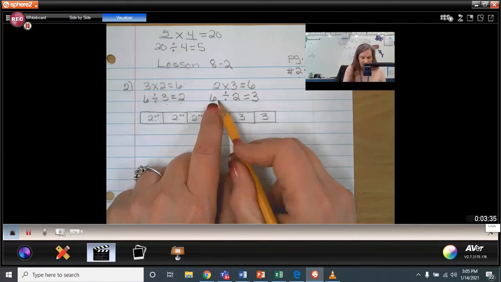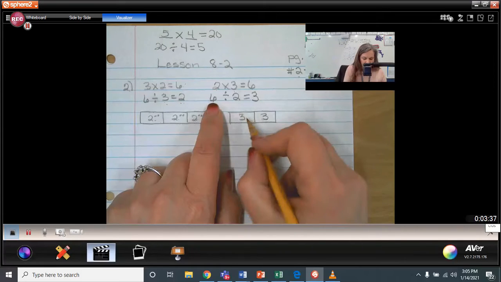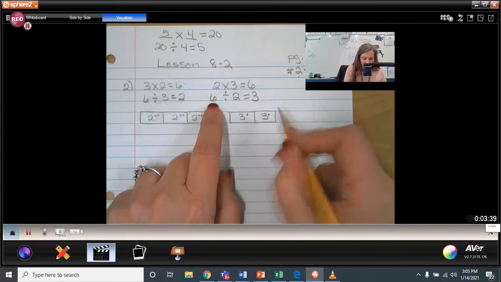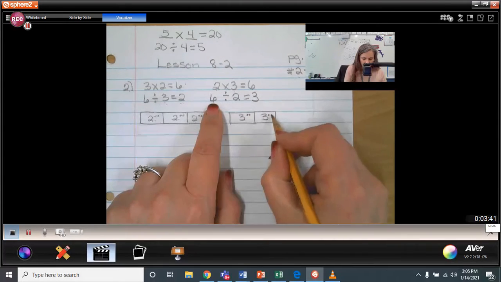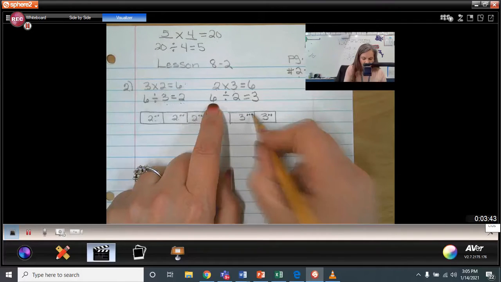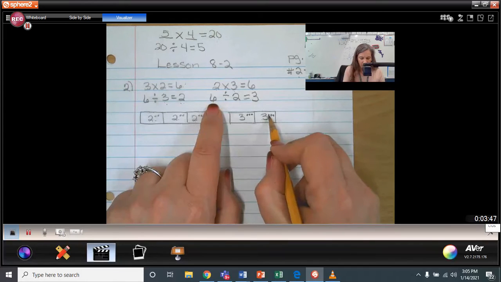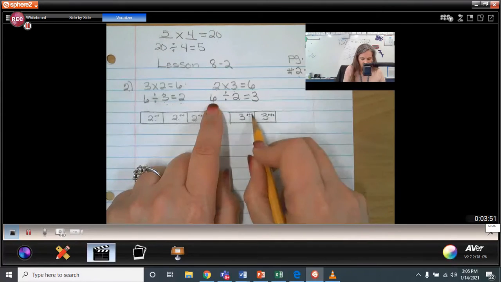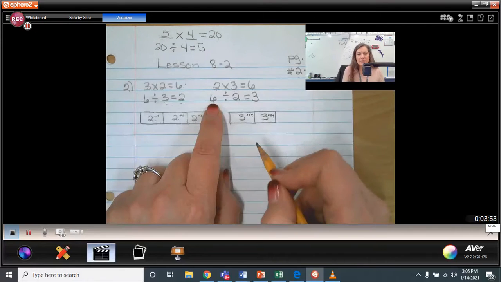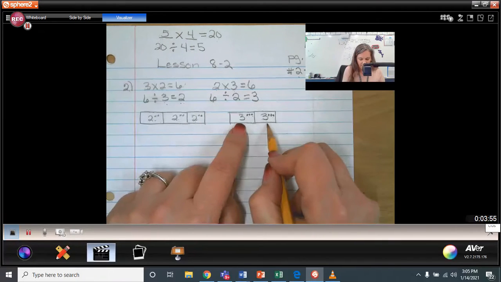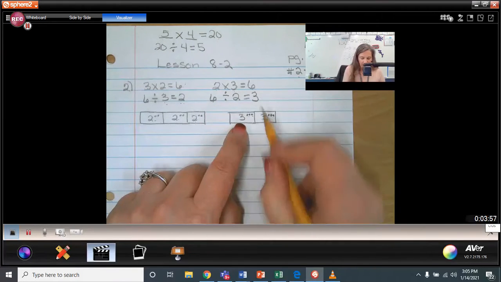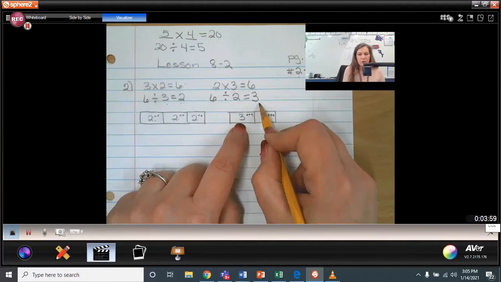That means I take the 6, I put it evenly into 2 equal groups, and I would have 3 in each group. So I'd have 1 here, that's 2, 1 here, that's 4, 1 here, and that's 6. So I separated them into equal groups, and that gave me 3 in each group.